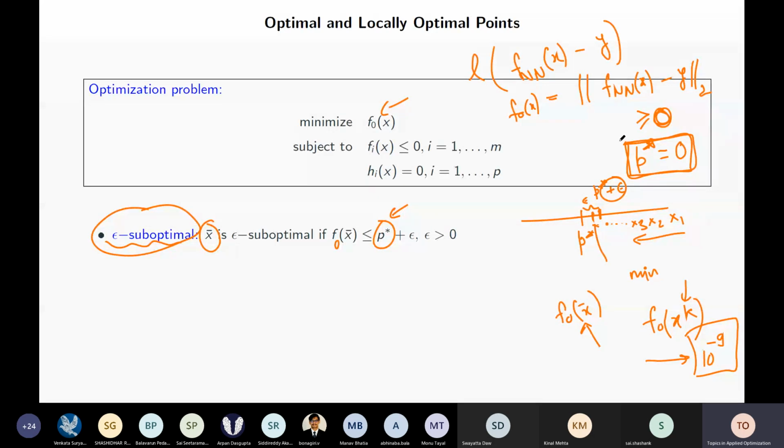You can think like that because you have a fair idea that your loss, which is p star, is 0. Then you can rely on this objective value, and you can keep printing it during iteration and say, okay, I'm very close, now I can stop. So you can say that your epsilon will look like this, which is the objective function value itself. So we do get some fair idea of that.